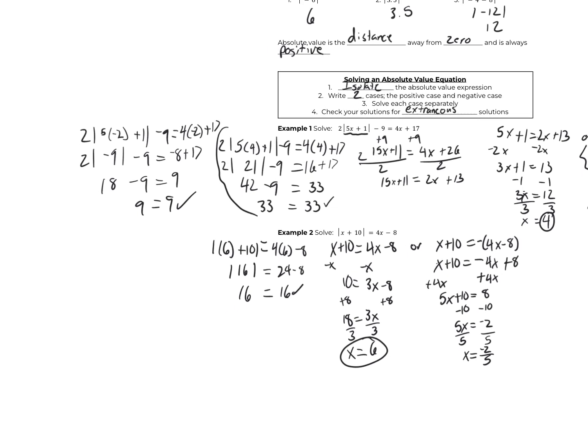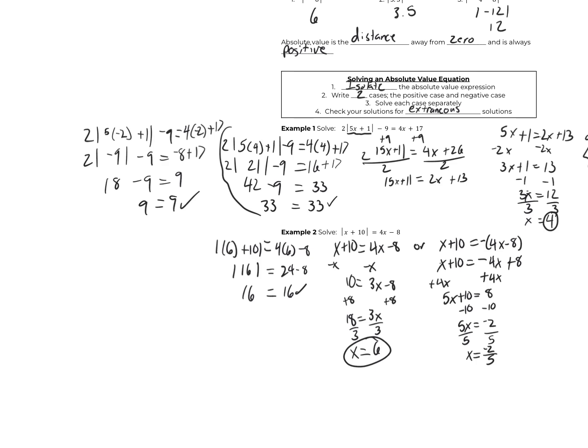And then we'll do the same thing with the negative 2/5. I know some of you are freaking out because there's a fraction, but it's okay. You're going to be all right. Fractions are numbers too. All right, so negative 2/5 goes in the parentheses. Negative 2/5 plus 10 is going to be 9 3/5. If you wanted to, you could call that 48/5.